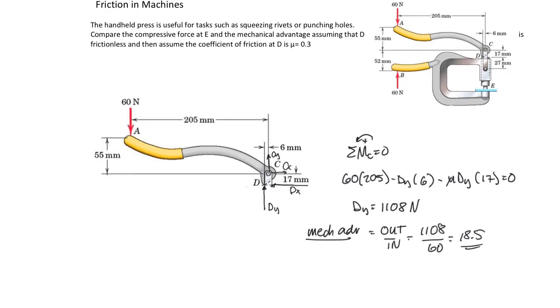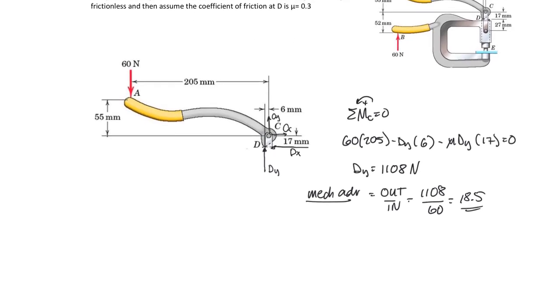How is it without friction? Let's say the friction went away, and in that case this term would go away. In other words, Dx goes away, and all we're doing now is the sum of the moments about C, which is equal to 0. So here I've got 60 times 205 minus Dy times 6 equal to 0, and Dy then would be equal to 2050 newtons.